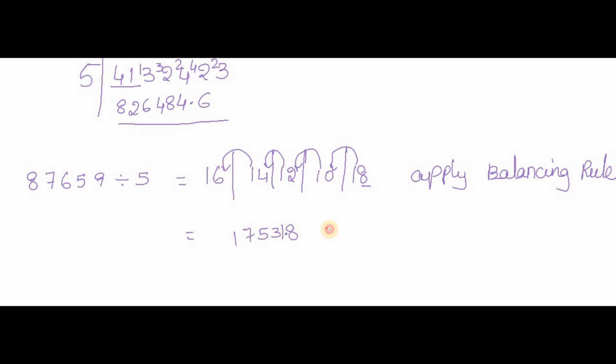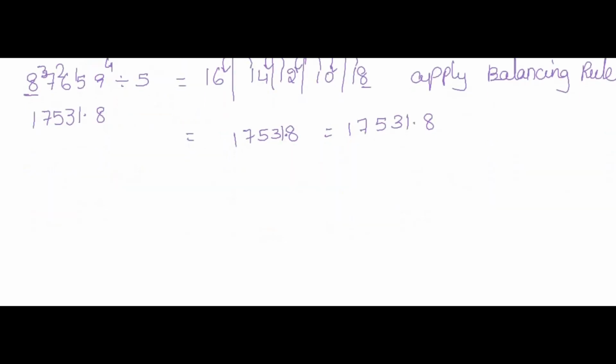And the same procedure: 17531.8. So this is already greater, so 5 1s are 5, 37, 5 7s are 35, 26, 5 5s are 25, 15, 5 3s are 15, 5 1s are 5, 4 is going to be the remainder, 5 8s are 40, 17531.8. Right?